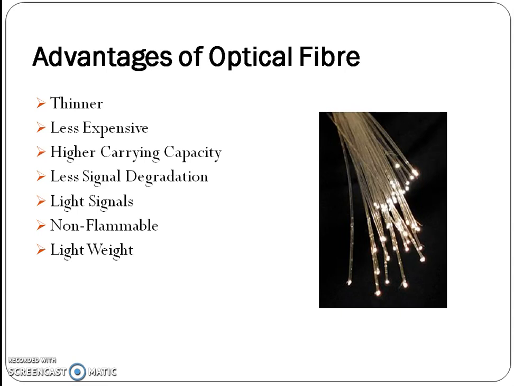Optical fibers are thinner, they are less expensive, and the most prominent advantage is its higher information carrying capacity. Another advantage is less signal degradation. And the signal is in the form of light, so your information will be more secured, and it is non-inflammable, and it is lightweight.